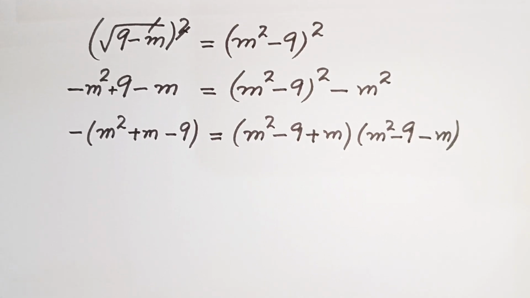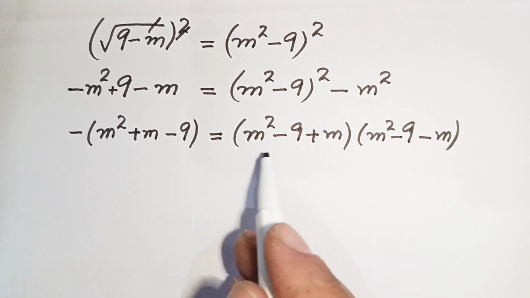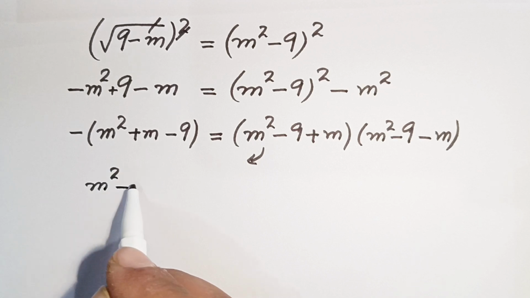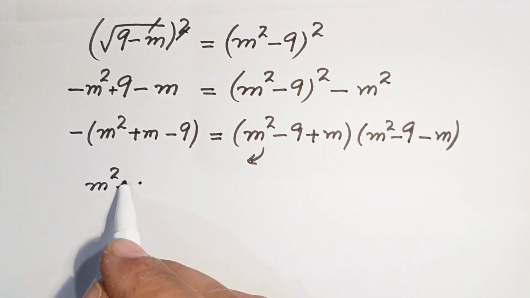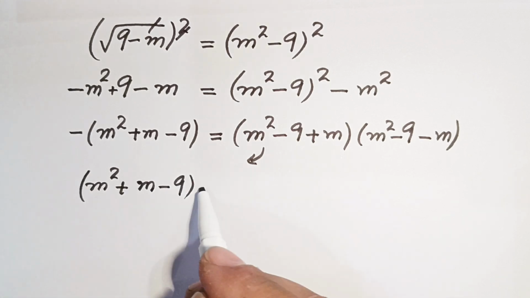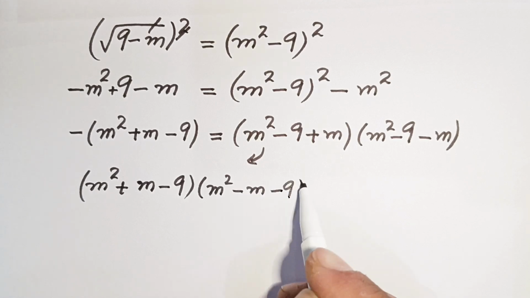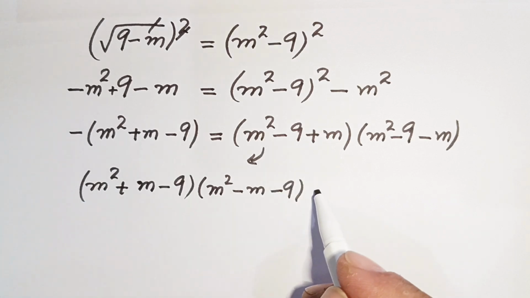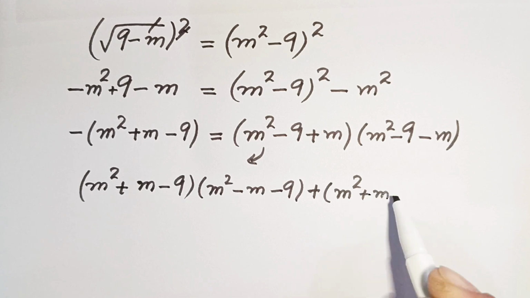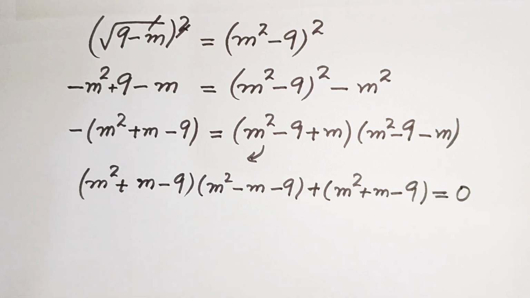So here this is m squared plus m minus 9 times m squared minus m minus 9. Now shifting this one, we have a plus sign with m squared plus m minus 9, that is equal to 0.